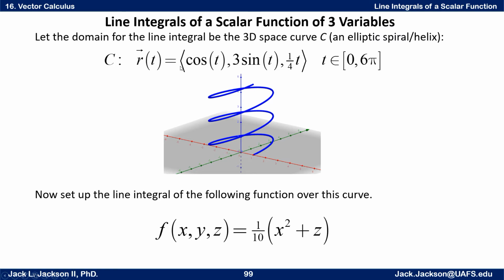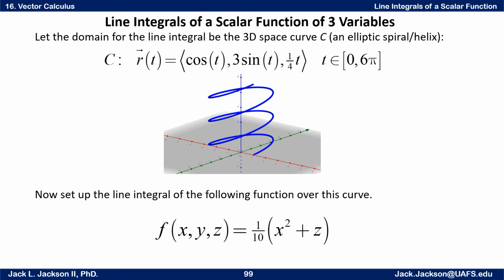We could give a position vector function, r of t, to define a curve, which is essentially parametric equations for the curve, not necessarily a line. This one is a space curve. It's a spiral or helix, an elliptical one. So x is cosine of t, y is 3 sine of t, and z is 1/4 t.